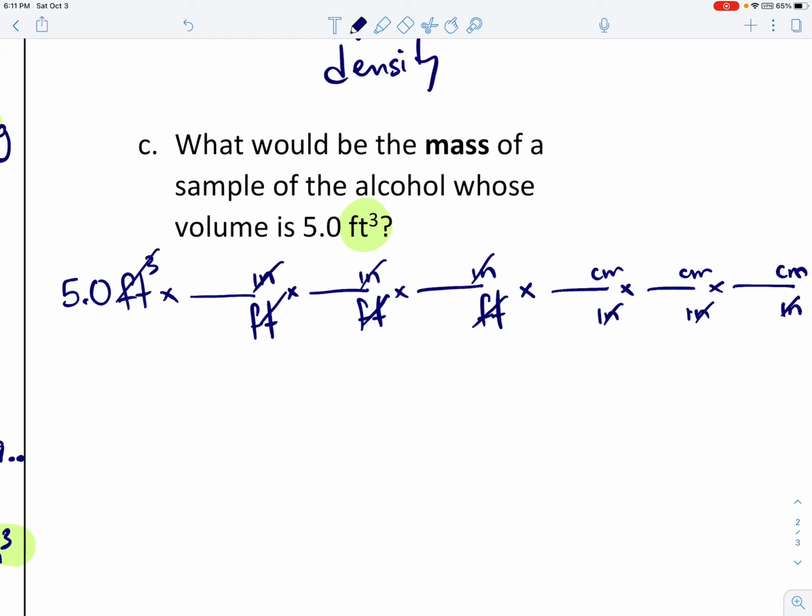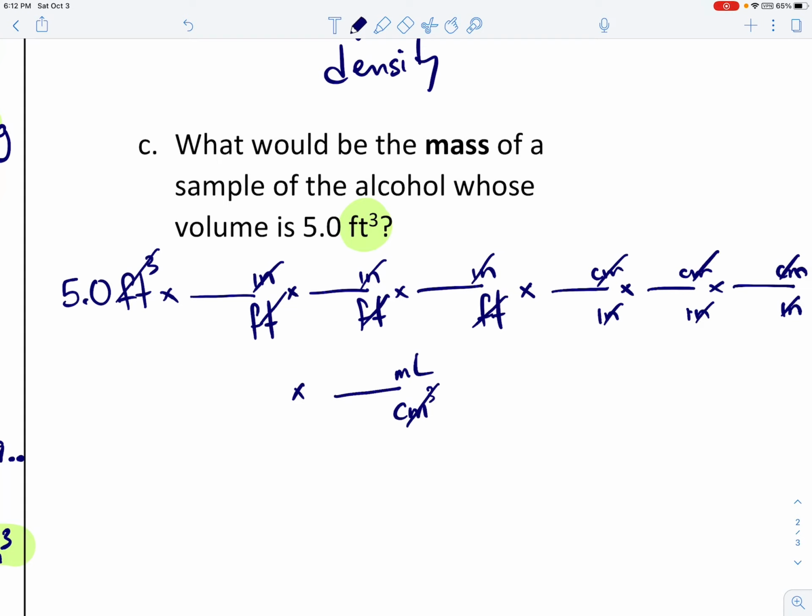Now you could just stop there and remind yourself that a cubic centimeter is the same as a milliliter, or we can get rid of cubic centimeter and just switch to milliliter. Okay? Don't write cubic milliliter. Milliliter is already a volume unit. Right? So this cubic centimeter will cancel with the 3 centimeters there.